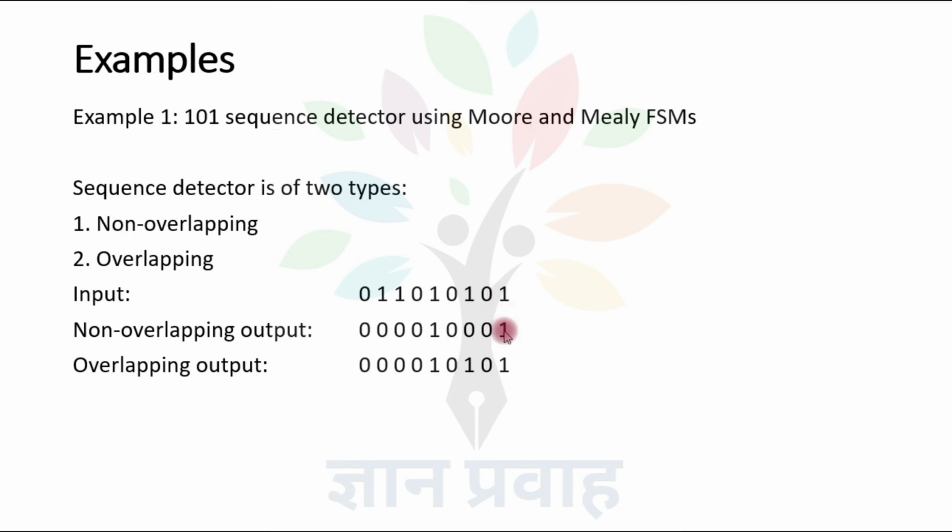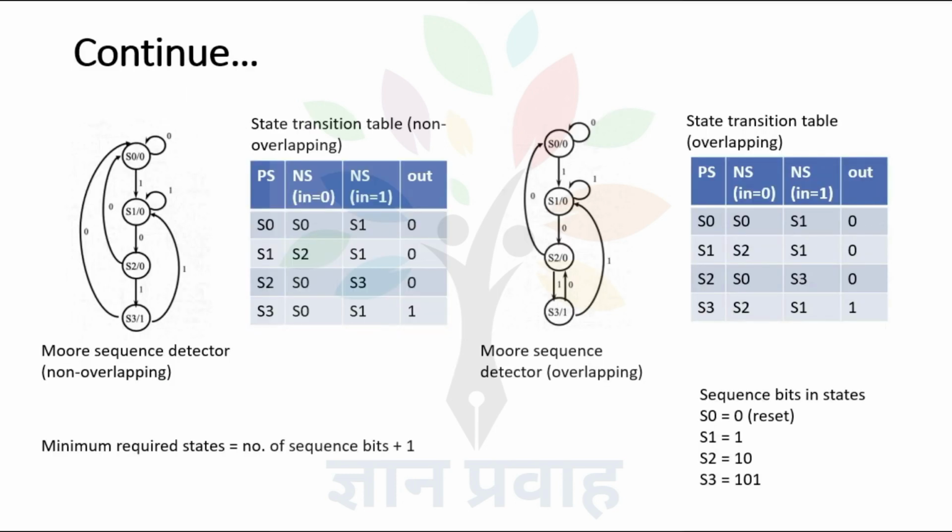It means the output will be 1 for both cases. We can clearly see that in case of non-overlapping output, the sequence is detected 2 times, while in case of overlapping output, the sequence is detected 3 times.